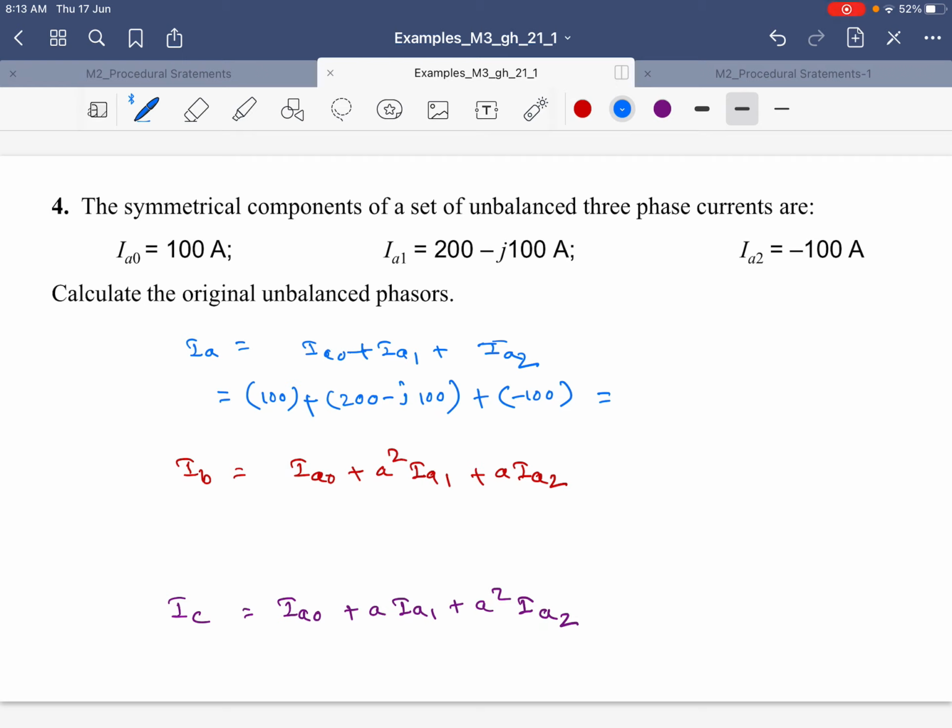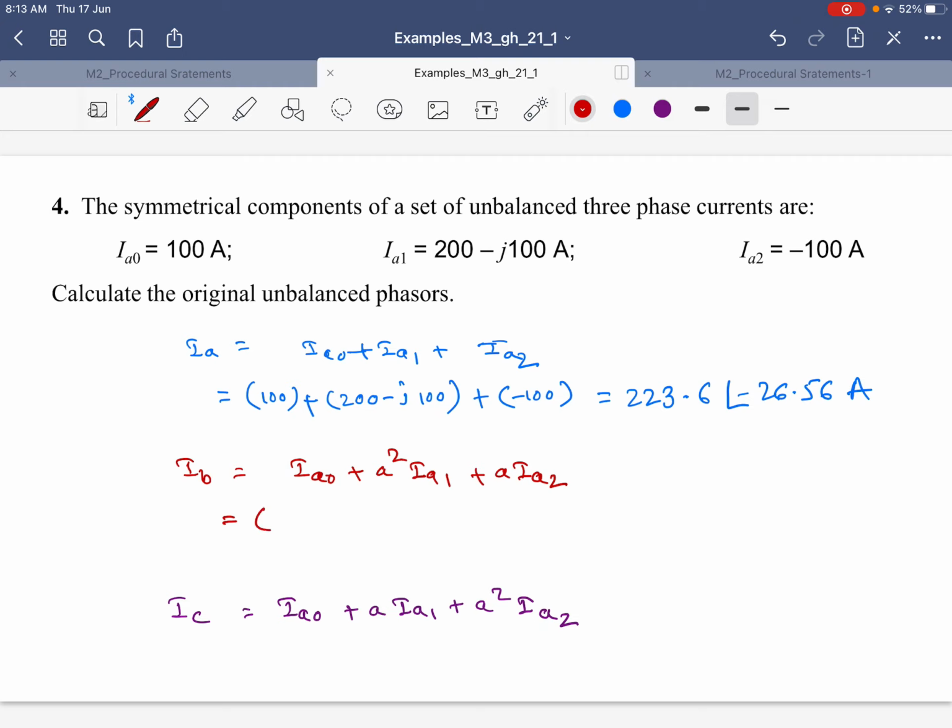What I am getting here is IA equals 223.6 at an angle of minus 26.56 degrees amperes. Then we move to IB.